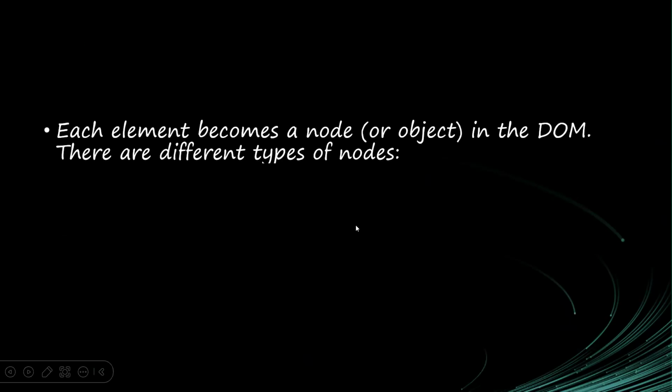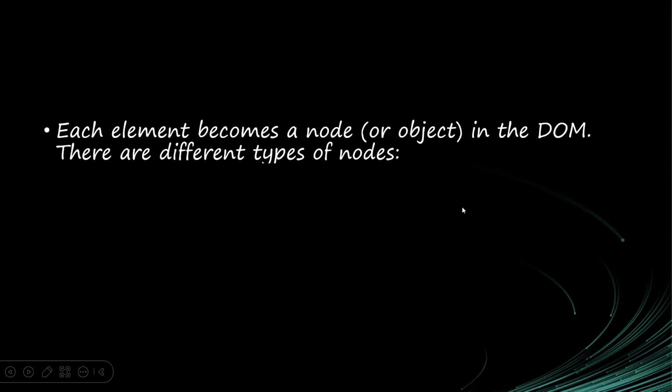So each element becomes a node. It starts with the HTML. The HTML is a node, that's the parent node. Now the HTML element has head and body as its children. Then the head has the title as its own child, while the body has the H1 and the paragraph as its children. There are different types of node.